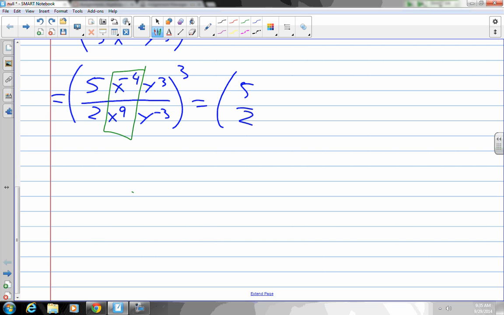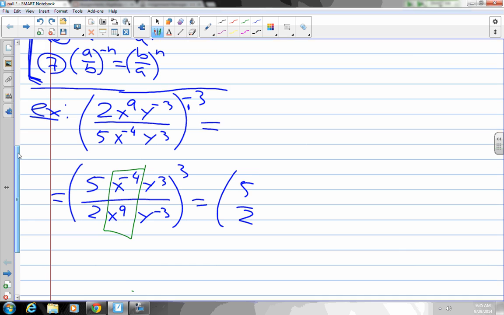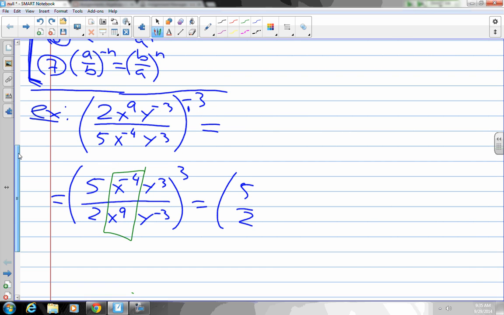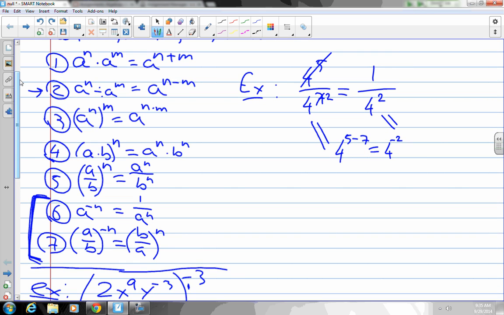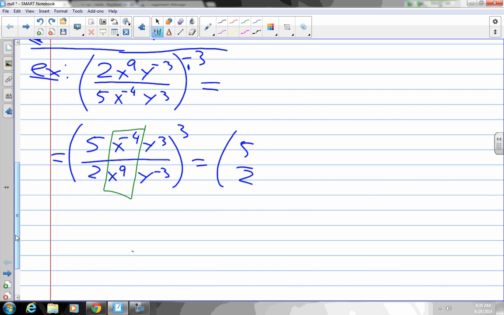So one way to do that is to say, well, I'm dividing, right? Same base, different exponent. Rule number 2 tells me to subtract exponents. So that will give me x to the negative 4th power minus 9. Right? I'm just subtracting. Negative 4 minus 9.